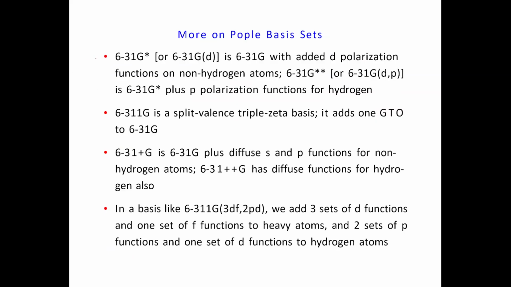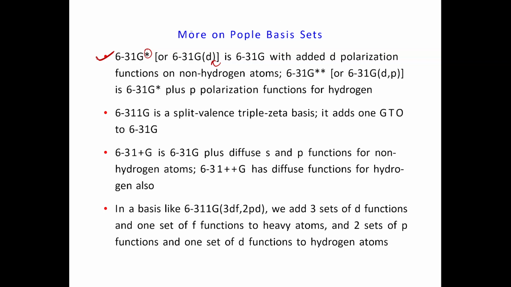Now this is 6-31G star. So for carbon, you had only 2p, right? I told you that for polarization, you go to L plus 1. So the p is actually 1, so you go to the D orbital, L plus 1, right?